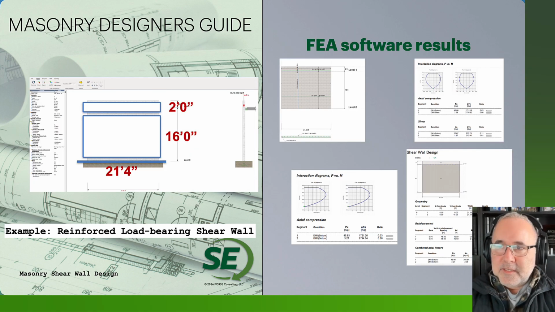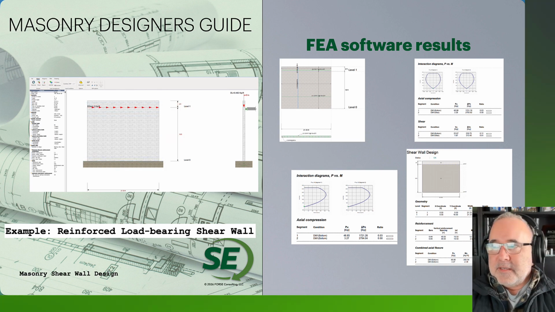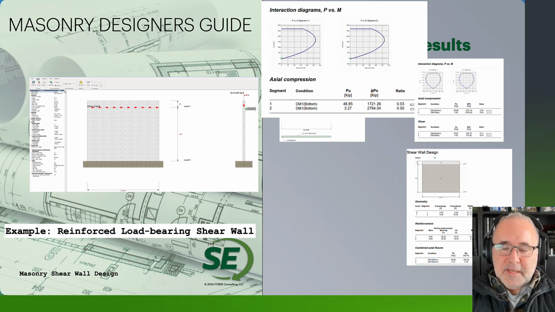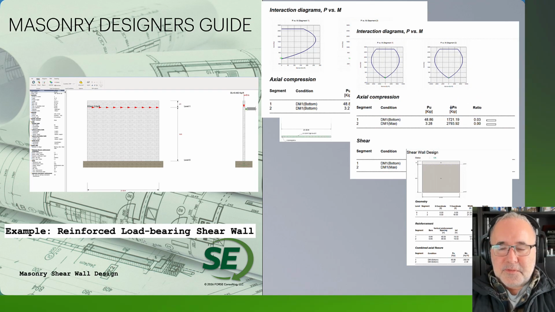We could look at this within the RAM Elements program. You can see what the overall load would be on the wall. Again, we can look at some of the axial capacity curves, axial moment curves. You can see what those different provisions are.